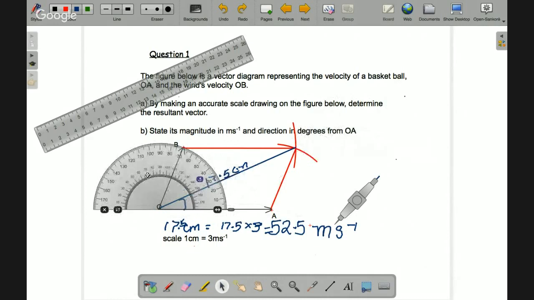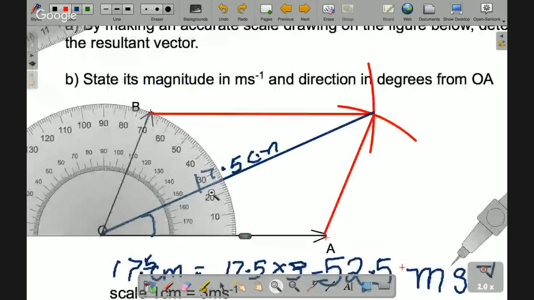And it looks right off the bat like 25. I can zoom it in if you're interested. Zooming it in, it looks like 25.5. Yeah, but we'll just say 25 for tonight.